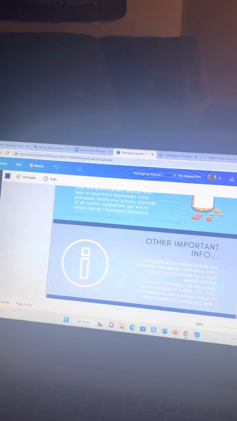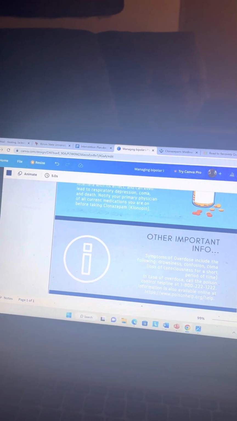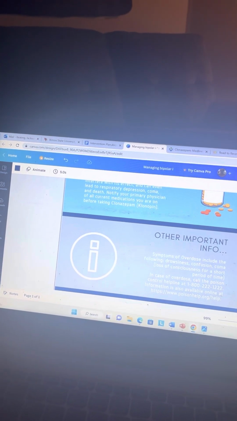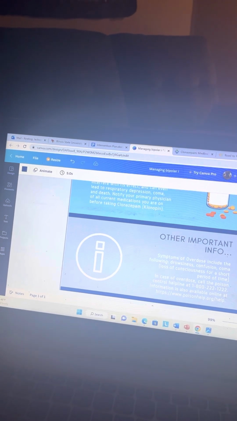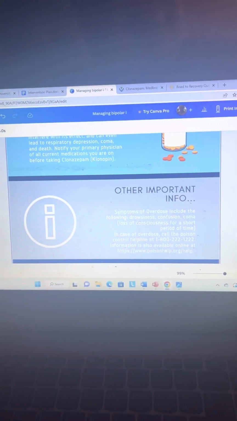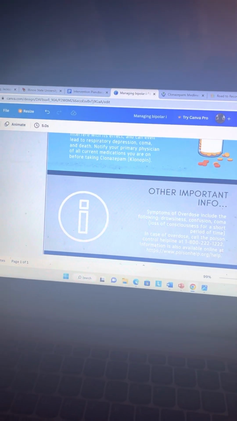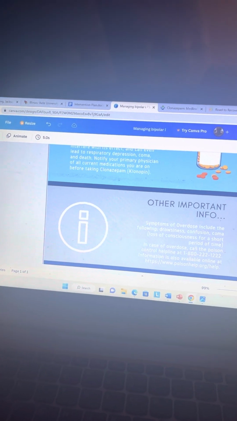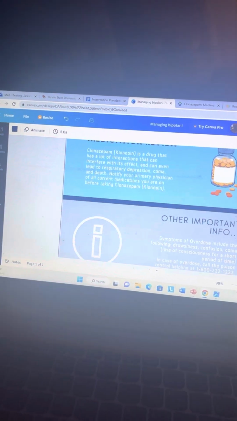And then other important info, I said symptoms of overdose can include drowsiness, confusion, coma, which is loss of consciousness for a short period of time. And in case of an overdose, I gave them a helpline number that they can call and get more information if they have more questions.